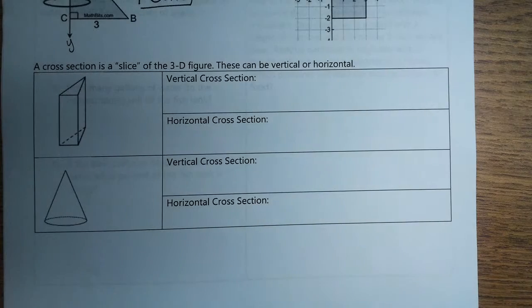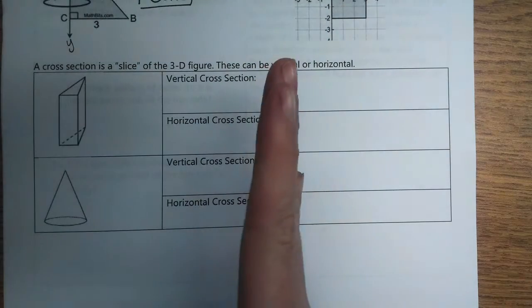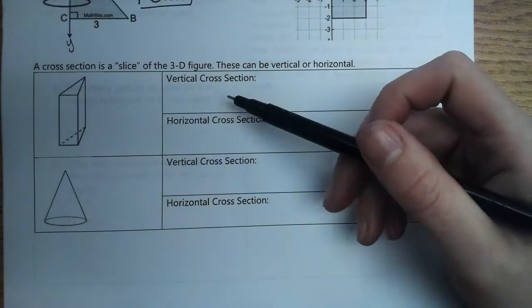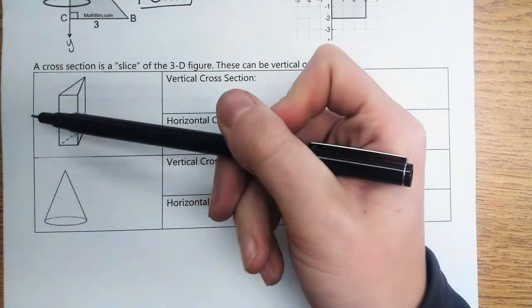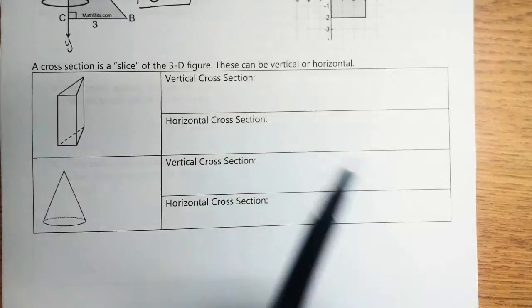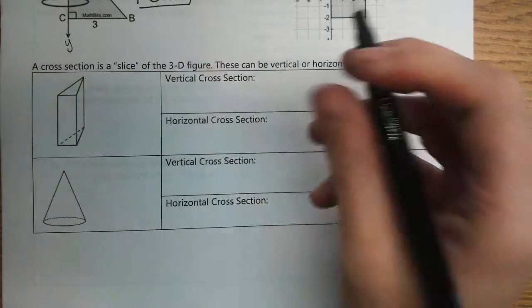So think about, if you've ever cut into a block of cheese, when you slice it, what shape you're seeing on the end. So here, vertically, when we slice this, we are seeing a rectangle still.